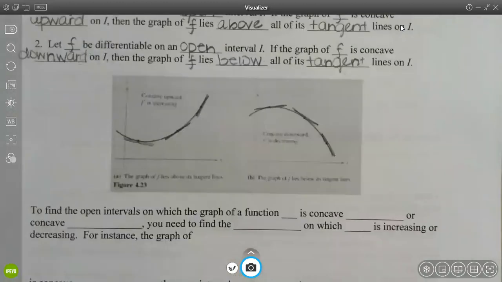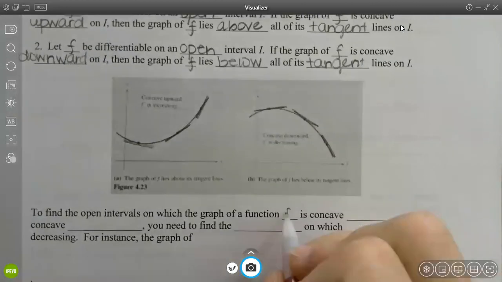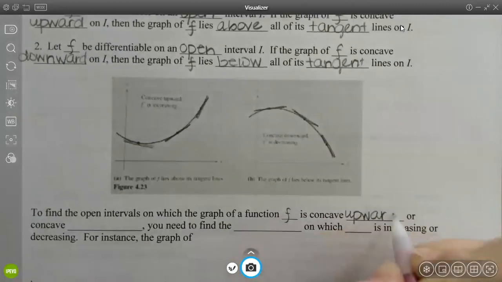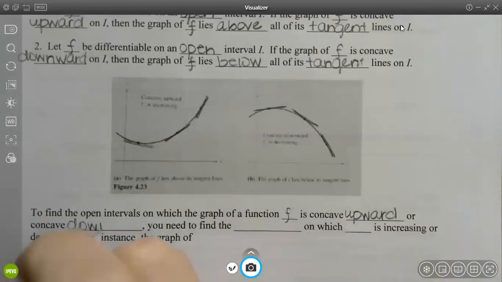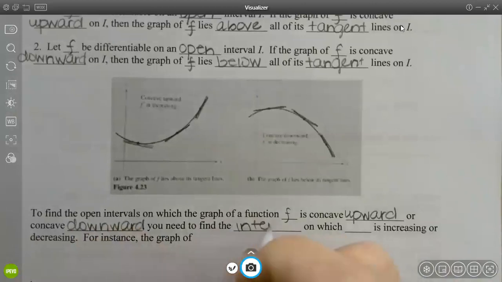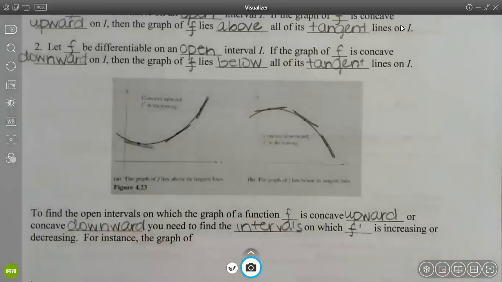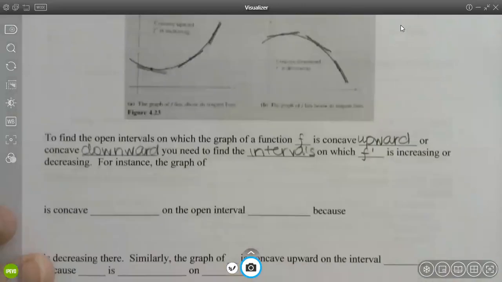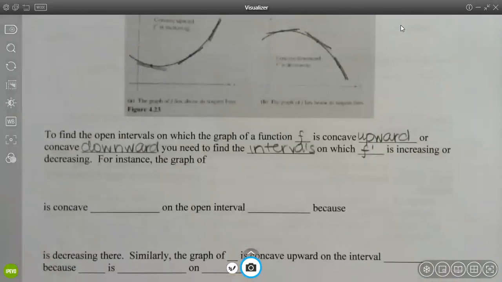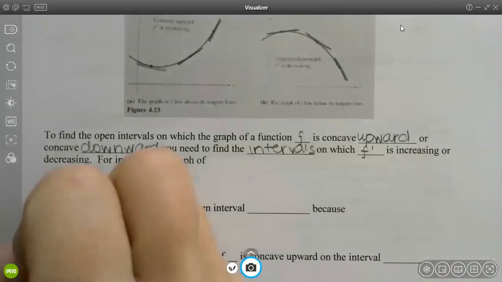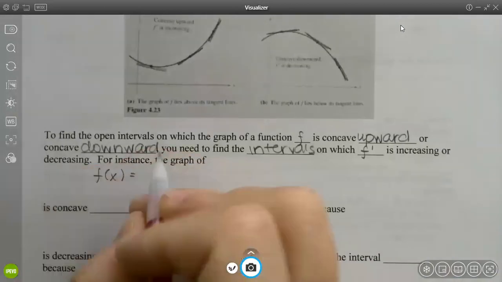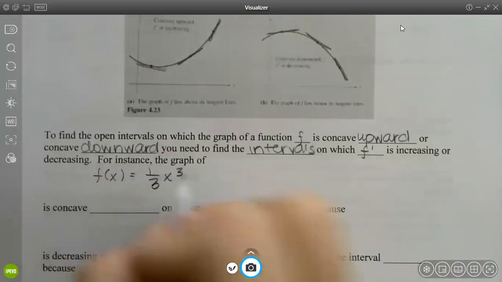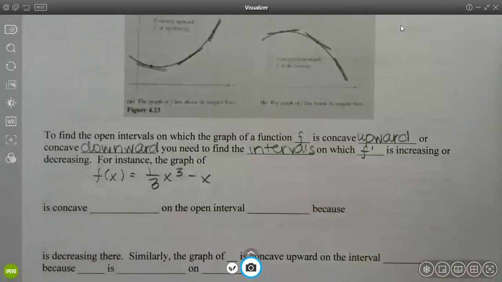To find the open intervals on which the graph of a function f is concave upward or concave downward, you need to find the intervals on which f prime is increasing or decreasing. For instance, if we have f of x equals 1/3 x cubed minus x, I'm going to graph this one for you. You don't have to graph it.